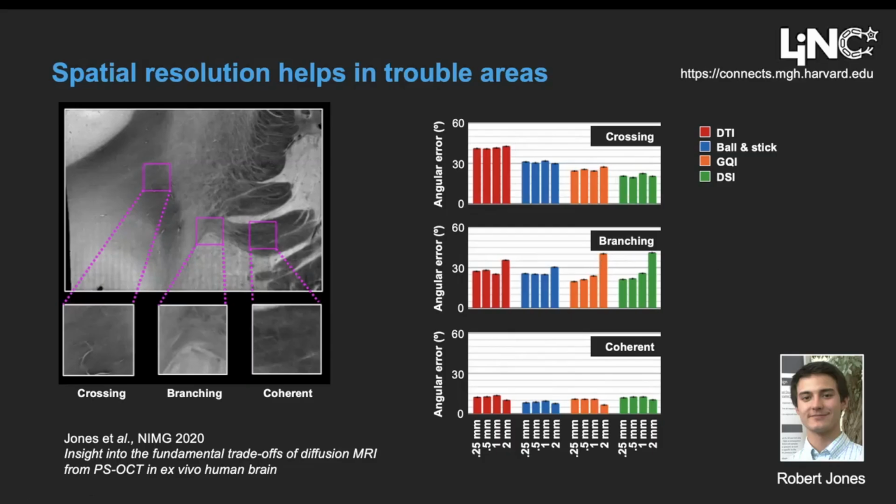And that was a problem for basically any kind of orientation reconstruction method. It didn't matter which kind of way you had to resolve crossing fibers. When you have this branch point, they were all failing. So this is just some examples of things that we've learned from these smaller validation studies of diffusion MRI against these different microscopy techniques.